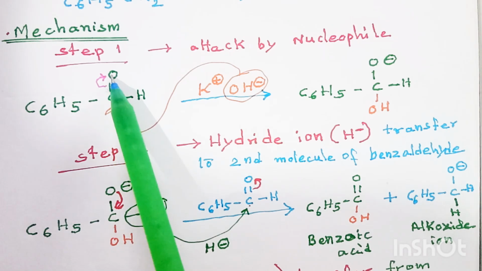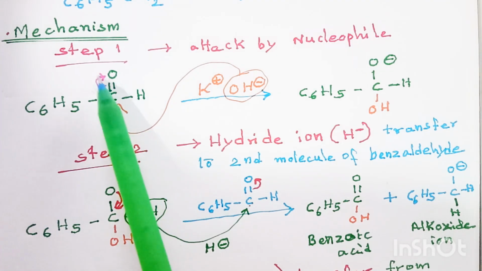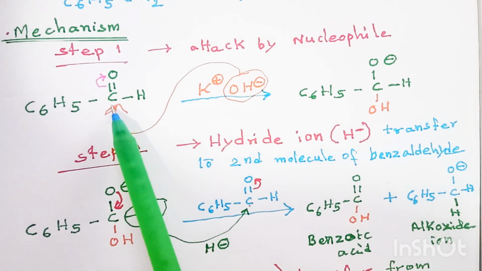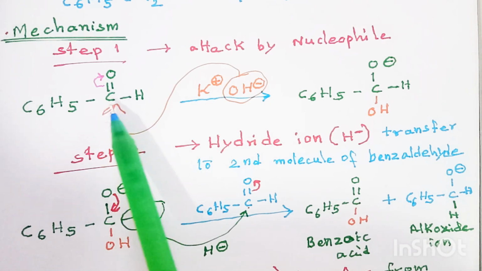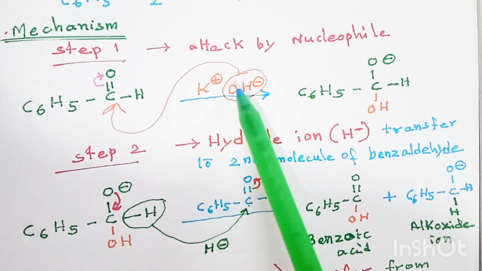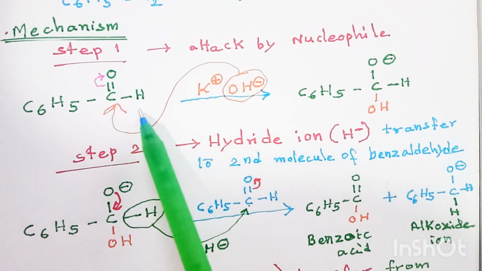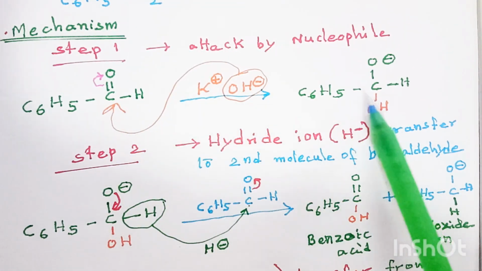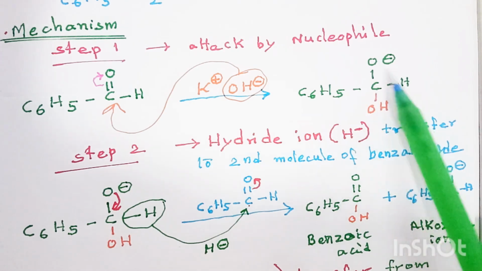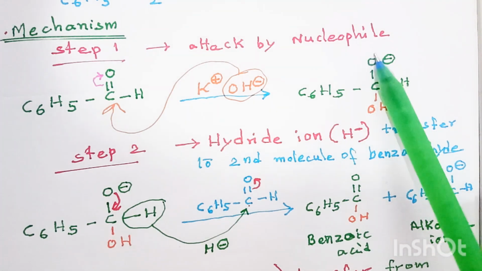This oxygen, being more electronegative, will pull both the electrons of the pi bond towards it. So this carbon becomes positively charged. Then this nucleophile attacks this carbon atom and attaches itself here. So this becomes C6H5 C H, OH and O minus.